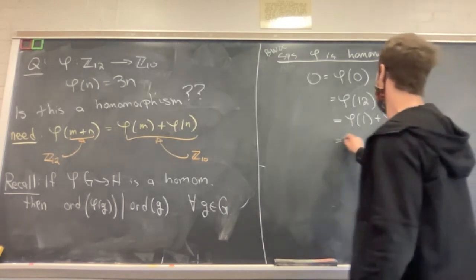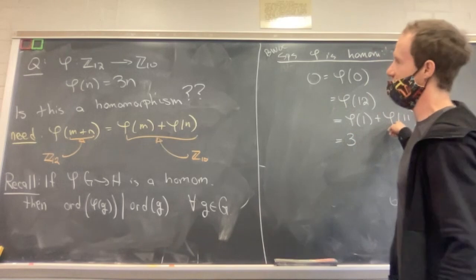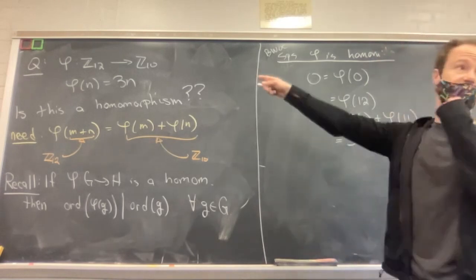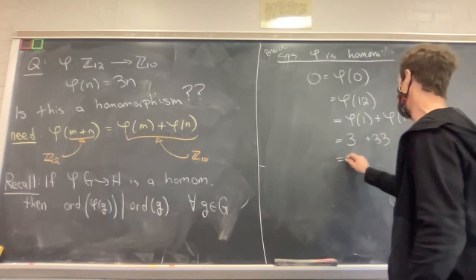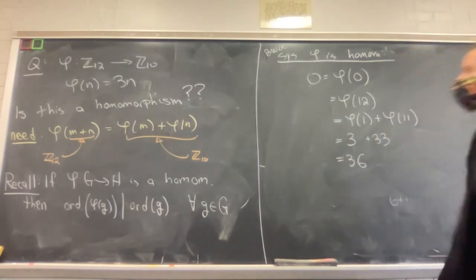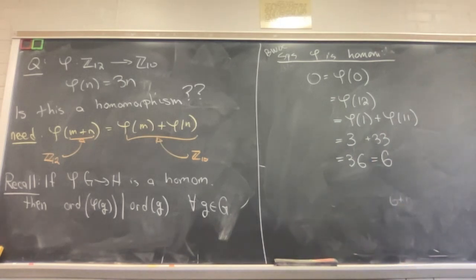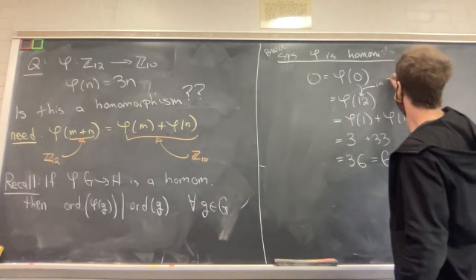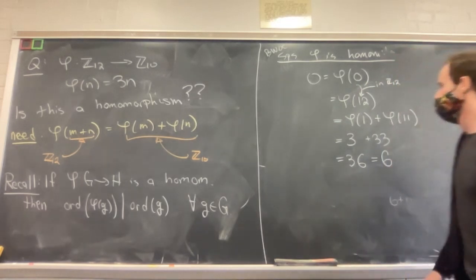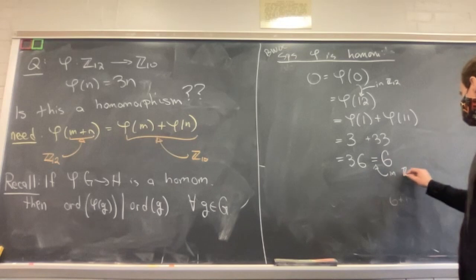Phi of 1 is equal to 3, phi of 11 is equal to 33, plus 33. That's equal to 36. But inside of Z10, 36 is the same thing as 6, right? So this is happening in Z12, and then this is happening in Z10.